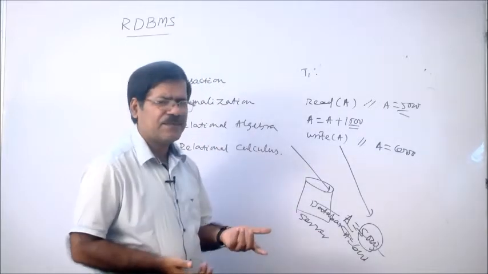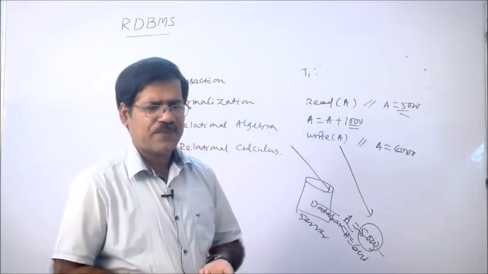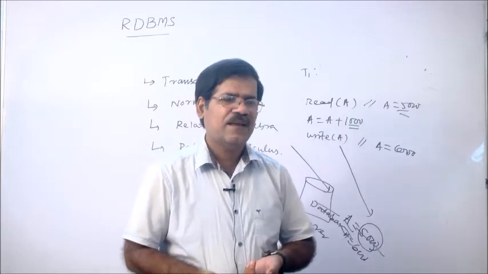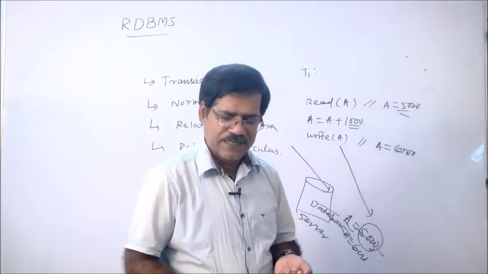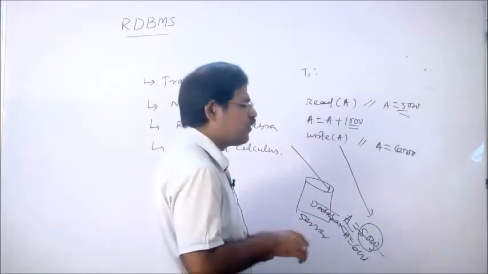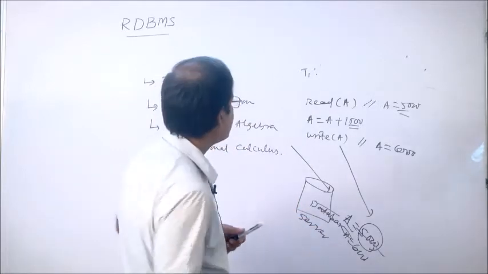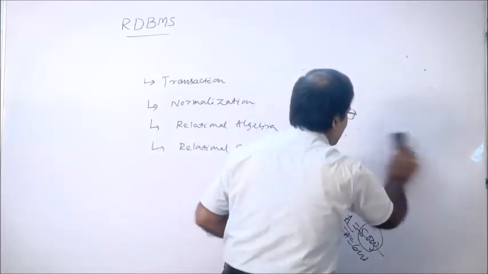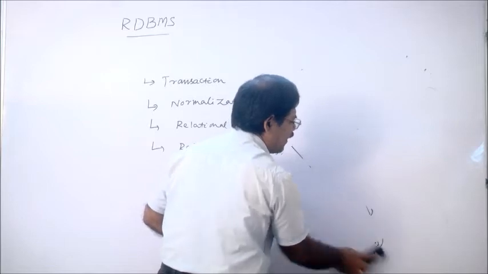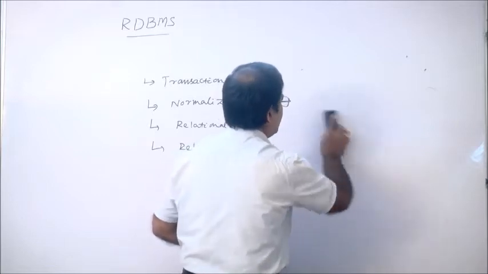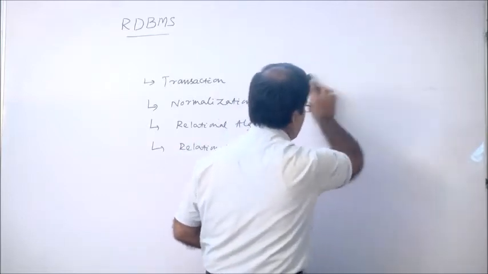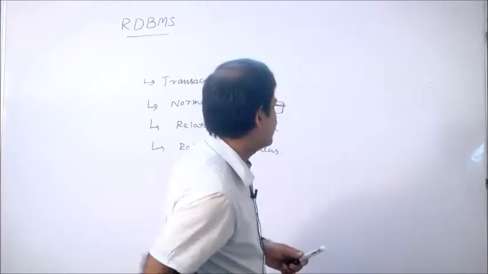Relational algebra is basically related to this: suppose there are two tables, you are creating two tables. I am talking from a practical point of view. Suppose you have two tables created in Oracle, or maybe in Sybase or MySQL, by using the SQL language.